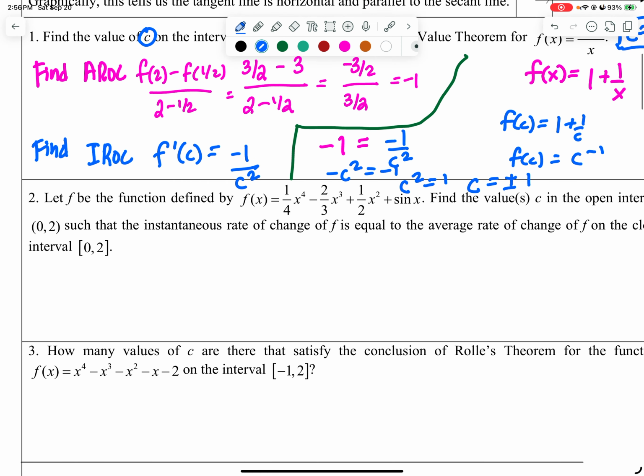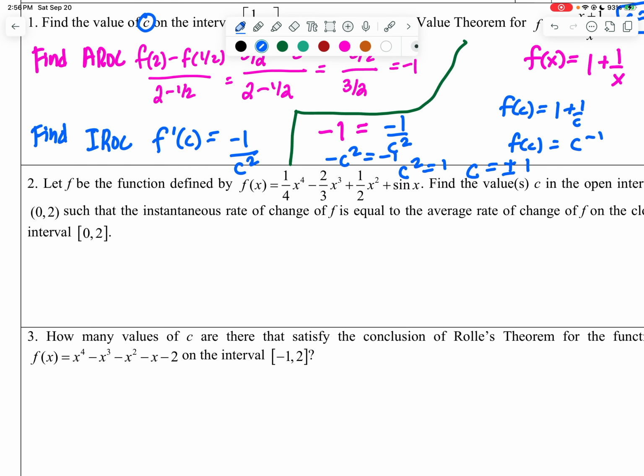For number 2 here, we're just doing the same thing, except this time we have a weird function. You'll notice that this is going to be a polynomial, and we know that polynomials are going to be differentiable. Sine is also differentiable.